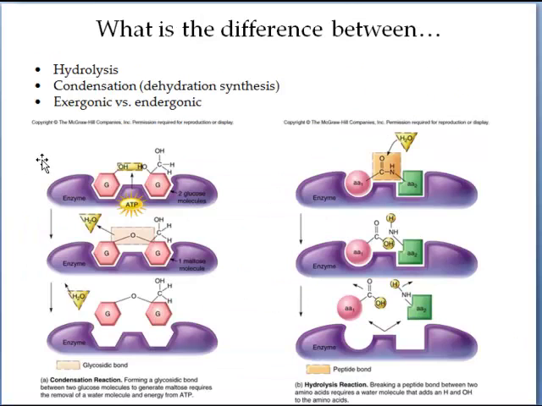Now let's look in more depth at the difference of the different reactions that take place within each category. Hydrolysis is a kind of reaction that occurs in catabolic reactions. Hydrolysis comes from the word hydro, meaning water, and lysis, meaning breakdown.